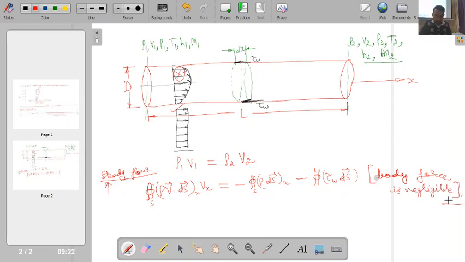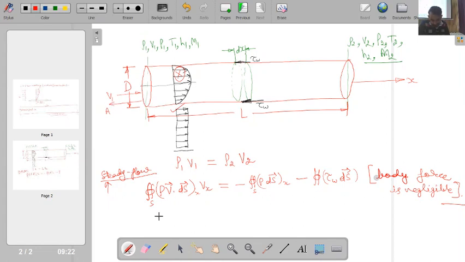Now if you see this particular equation, let me write this momentum equation. On the left hand side my velocity vector is in the x direction, and the area vector is like this. Say A is the area of this pipe, so the area vector is like this for the left face.